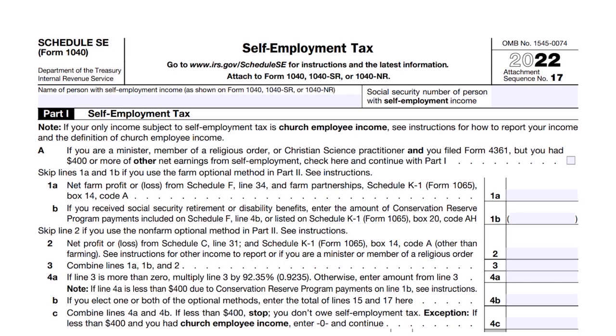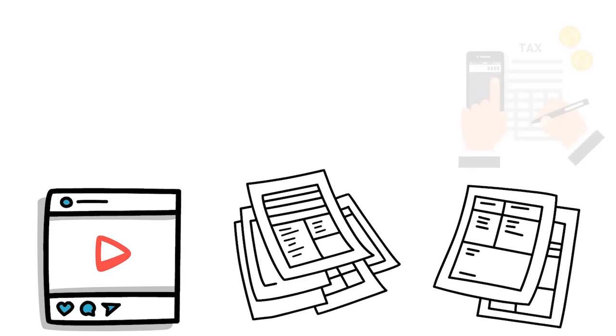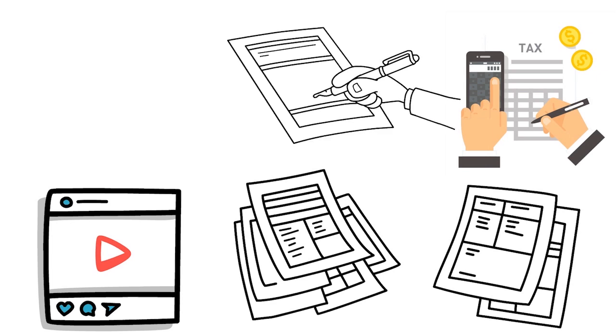So if you have questions, please just let us know in the comments below, and we'll certainly answer you, or we'll just direct you to the actual video about Schedule SE. Schedule SE helps you figure out the tax due on your net earnings from self-employment. So once you actually take the 92.35%, you'll then apply that 15.3% tax rate to the amount subject to the self-employment tax.